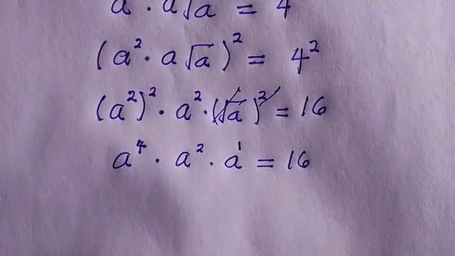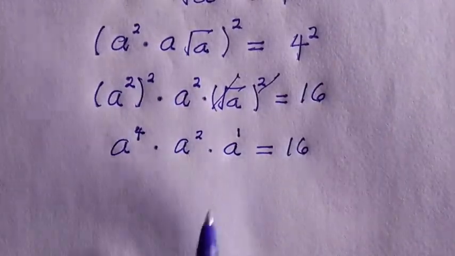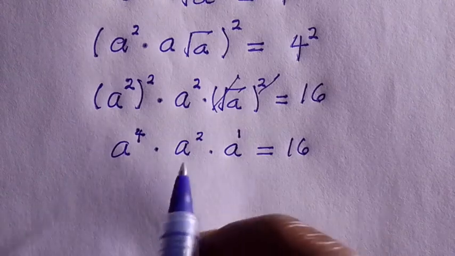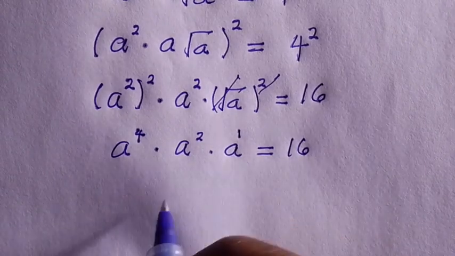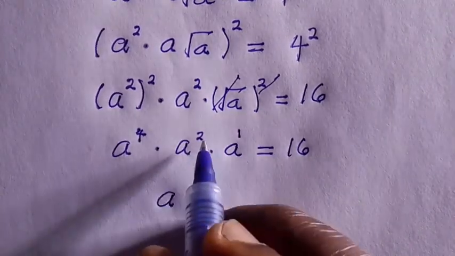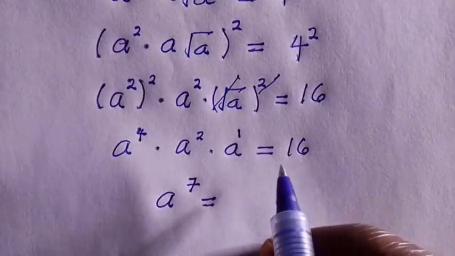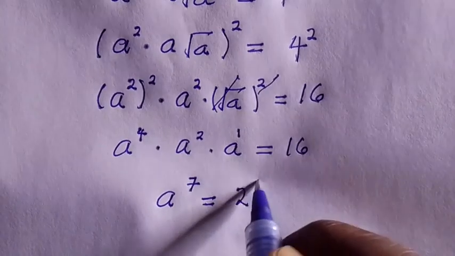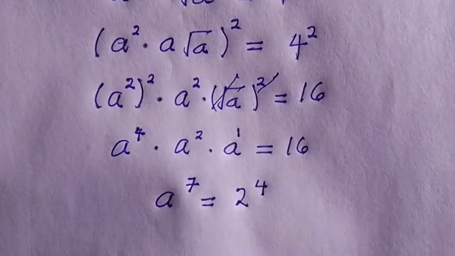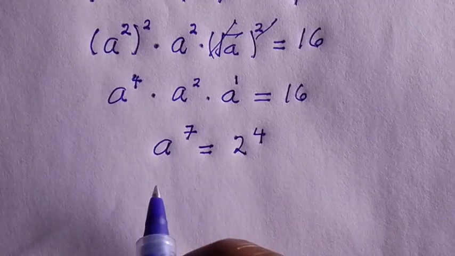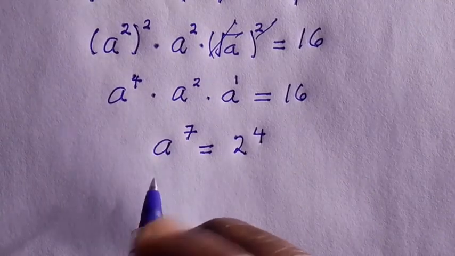Since this last a is raised to the power of 1, we apply the basic rule of indices: same base, different powers, so we add the powers together under one base. A to the power of 4 plus 2 plus 1 gives us 7, equals 16. Let's express this as 2 to the power of 4, which gives us 16. To get the value of a, we take the 7th root of both sides.